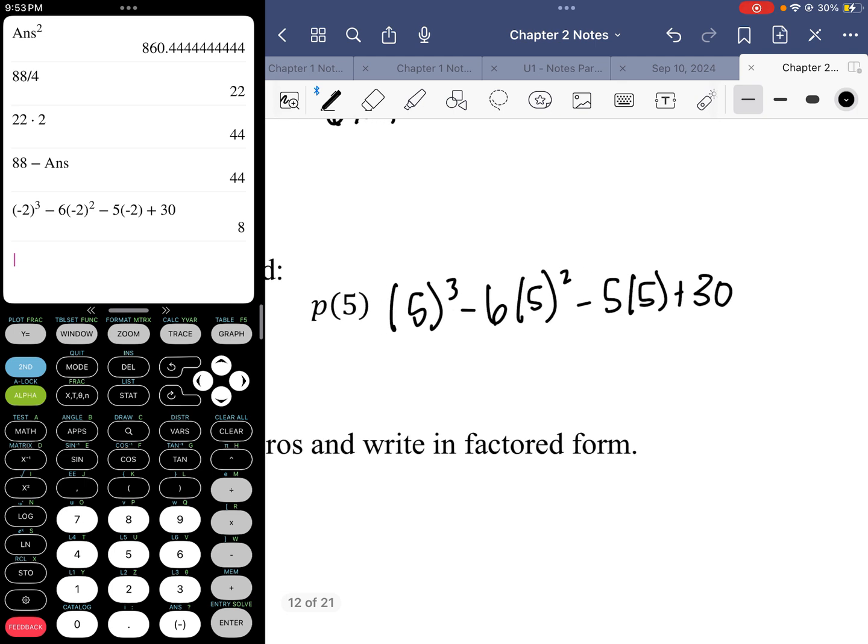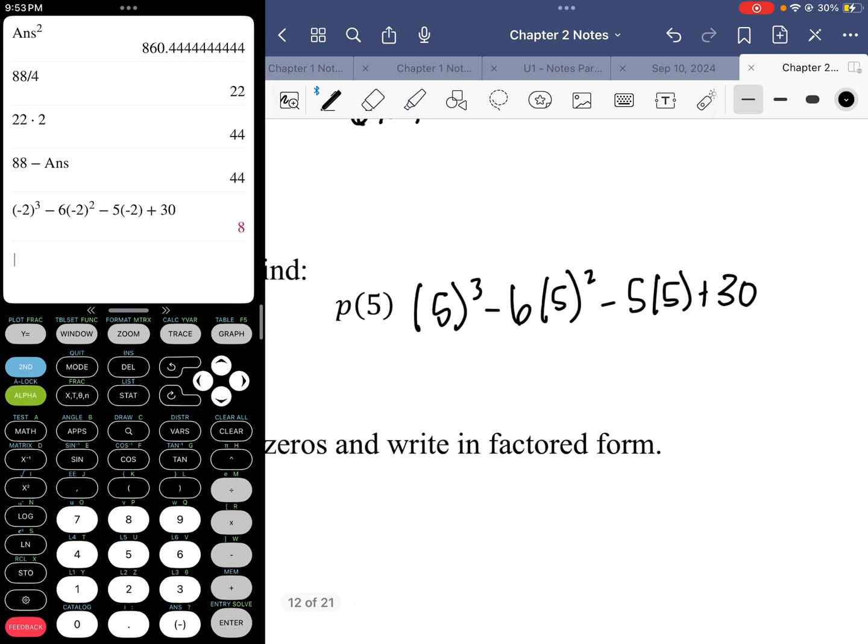Then this one is going to be the same thing, but this time it's a 5. And this comes out to be a -20.